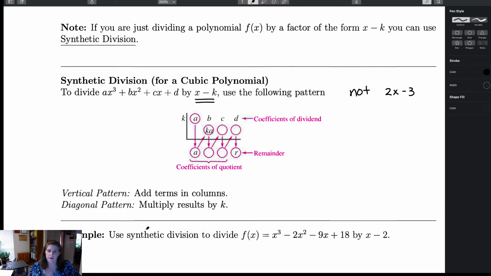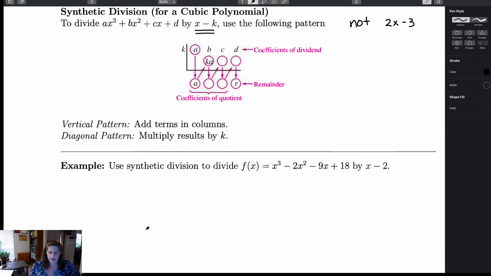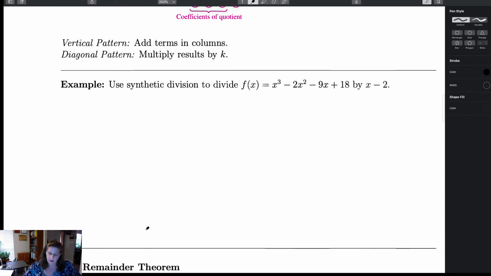And for synthetic division, essentially what we're doing is we're dropping all the x's and just using the coefficients for each number. It is a pattern, so we'll go through and practice this pattern, but this is exactly what happens. So you take the coefficient of your dividend, and you end up with the coefficient of your quotient and your remainder, if any.